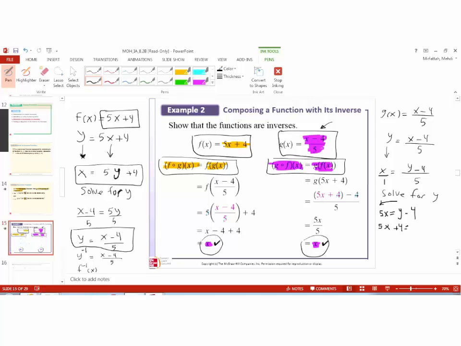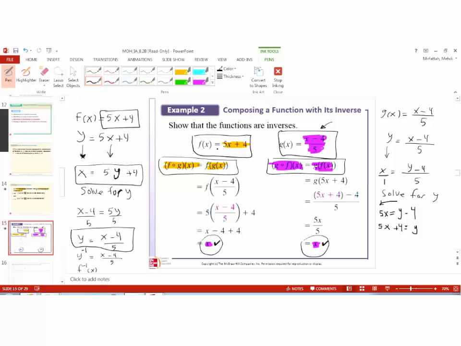Then you see that y would be equal to 5x plus 4. So you see how to actually evaluate that.